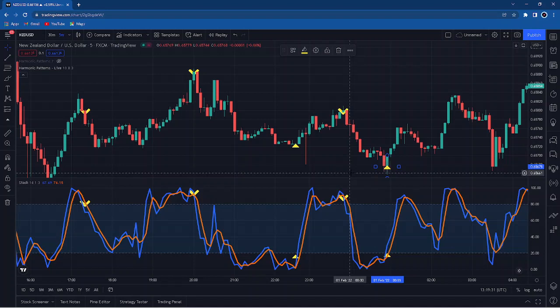Complete buying motion. Isn't that amazing? That you can anticipate exactly where to place your entries for your trades just by looking at where the lines of your stochastic directly intersect with the stochastic's bands, right?